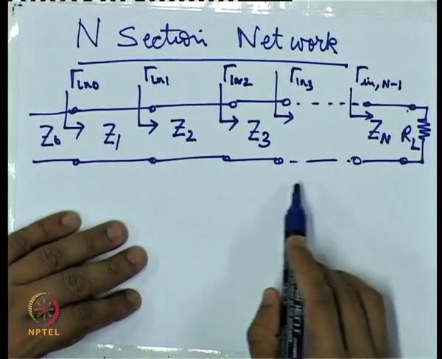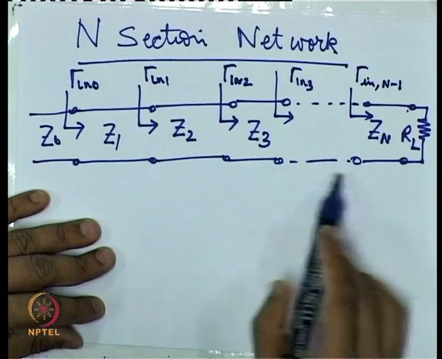So these are n sections of transmission lines cascaded to each other.